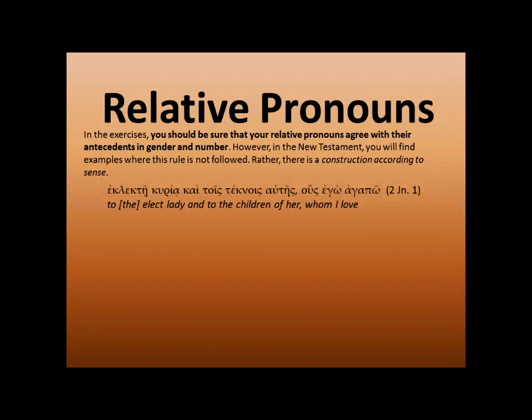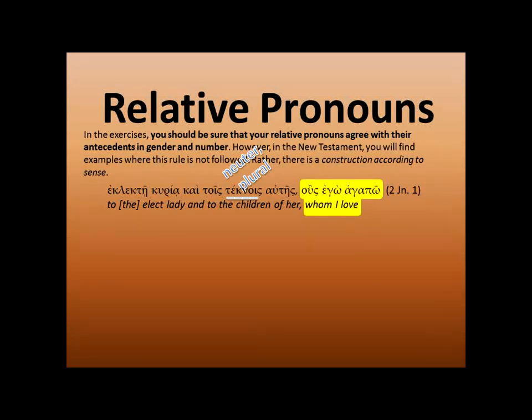So we have in 2 John 1, eklekte kuria kai tois teknois autes hous ego agapo, to the elect lady and to the children of her whom I love. Our relative clause is hous ego agapo. In the English, that is, whom I love.